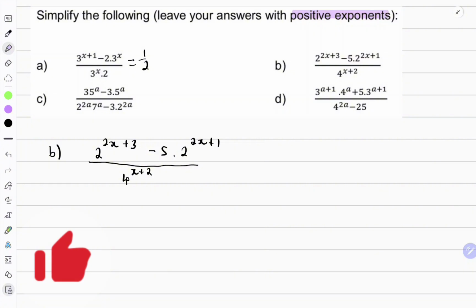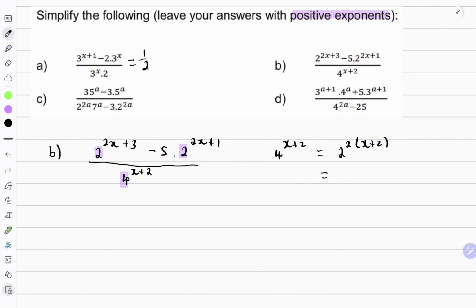So if you have a look at B, you can see that we're working with a base of 2 here, a base of 2 here. So intuitively, you'd want to change this 4 to have a base of 2. So what you can do is say 4 to the power of x plus 2 can be written as 2 to the power of 2 times x plus 2.